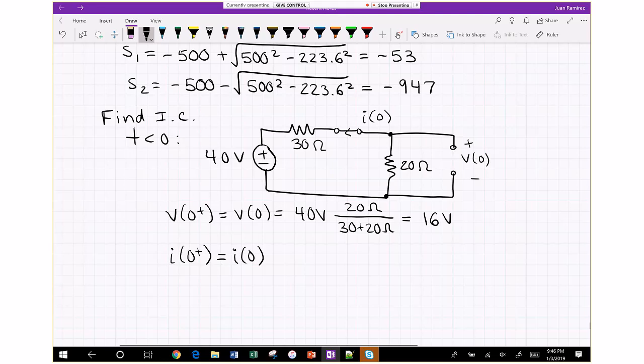But assuming the direction shown on the circuit, it's going to be equal to negative 40 volts divided by both the resistors combined in series. And that's equal to negative 0.8 amps.